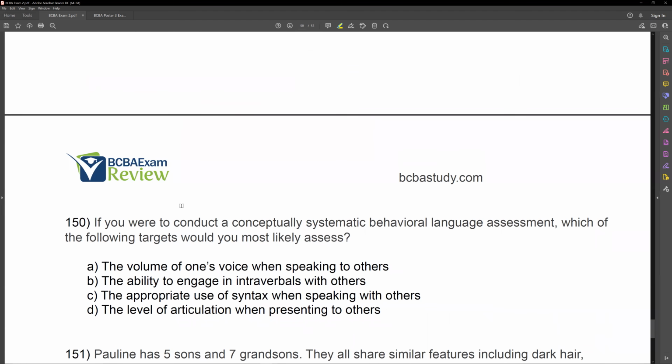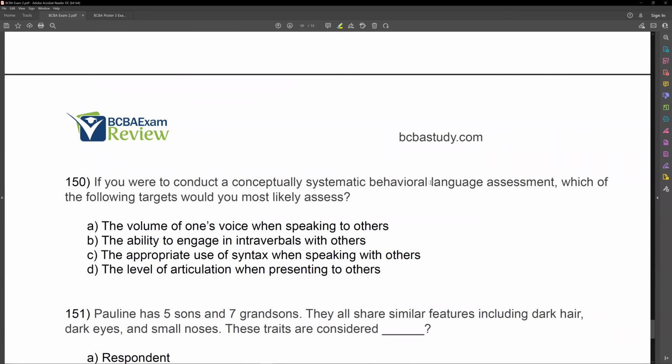And then 150, if you were to conduct a conceptually systematic behavioral language assessment, which of the following targets would you most likely assess? Or that is a phrase, right? Conceptually systematic behavioral language assessment. What is that saying? Well, we want conceptually systematic, so in line with behavior principles. Language, so we're talking about verbal operants, and we're going to assess it. So we're looking for a verbal operant here, right?